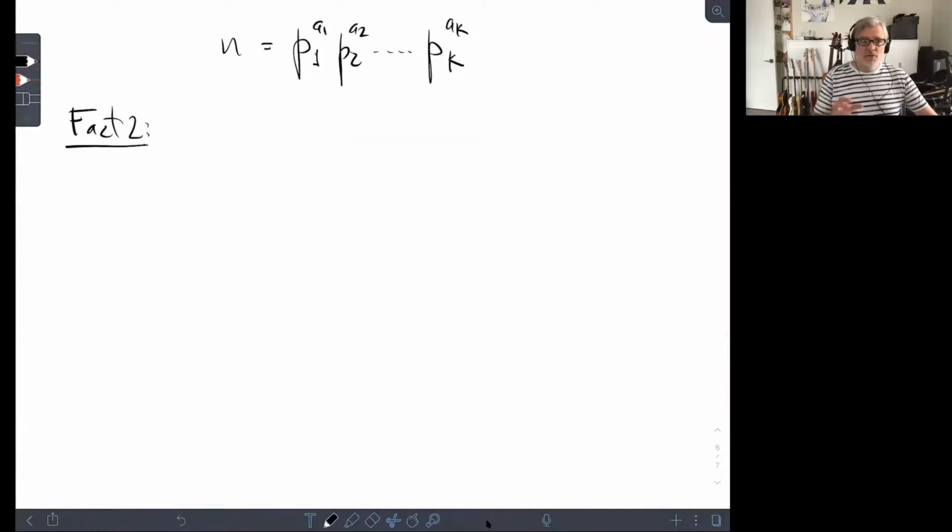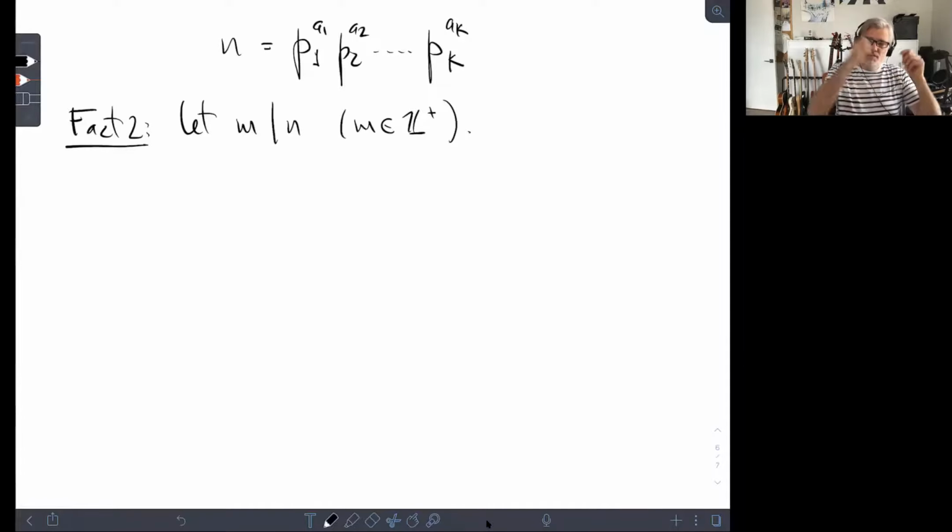Now, what I want to do is use this trick to describe the divisors of n. So let M divide N. M is any positive divisor of N. Now think of it this way. I'm going to factor M as a product of primes.